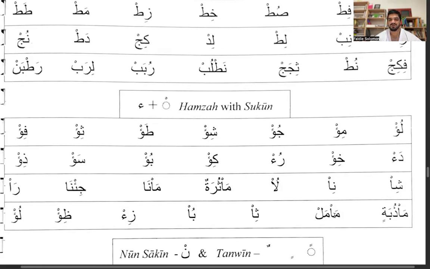Now you read it, press pause, and then listen to my pronunciation and check if you've got it correct. Ma'mal. Then do the same with this. You press pause, you say it, then press play and listen if you pronounced it correctly.